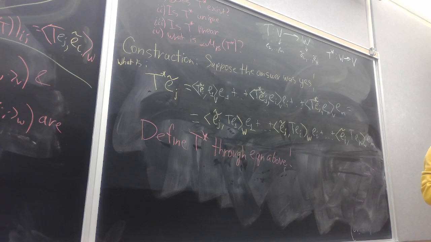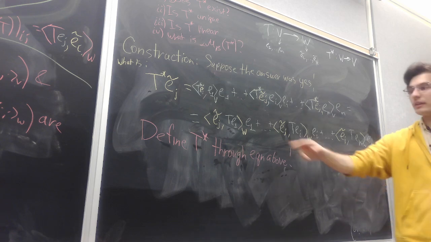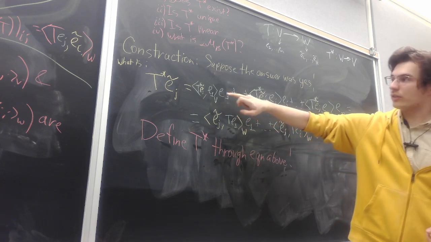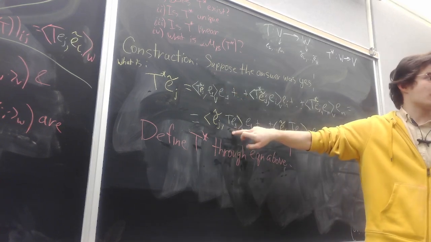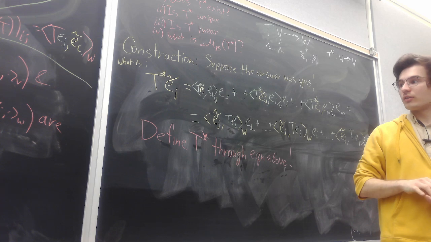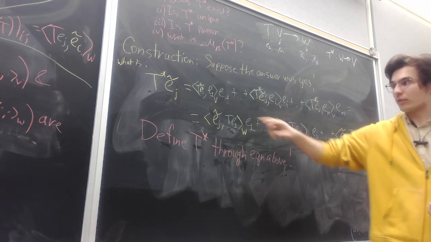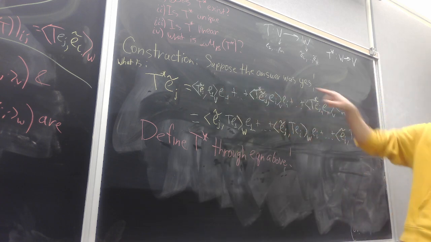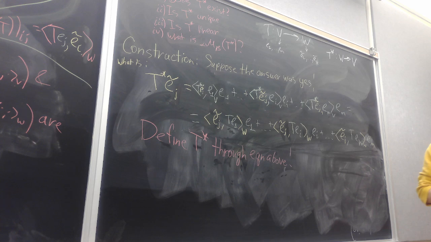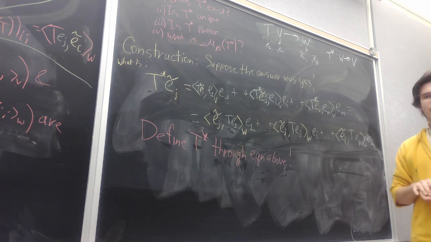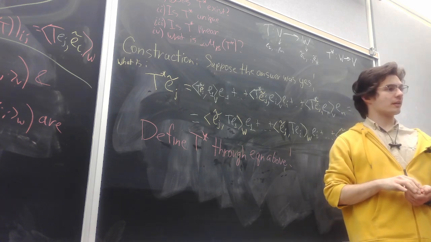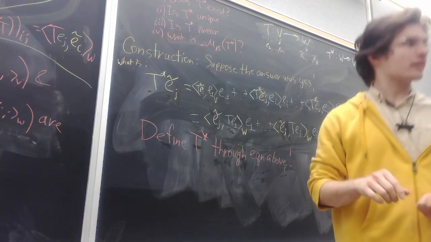Like coefficients. Well, this coefficient should be equal to this one, right? Yeah, by the defining property. So the number of coefficients is the same because the number of vectors is the same. I'm maybe not sure what you're asking. No, yeah. Right? Makes sense.